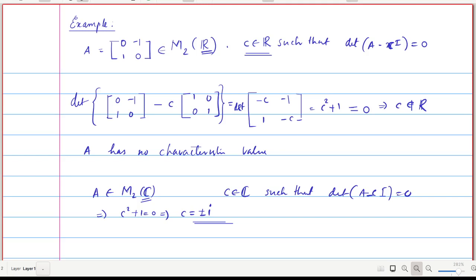Otherwise, if we consider this matrix as an element of M2R, then you can never get a characteristic value, because no C belonging to R satisfies this condition. Please note it as a remark: in order to discuss the characteristic values you need to specify the underlying field. If the fields are different, then the nature or behavior of the characteristic values will change.